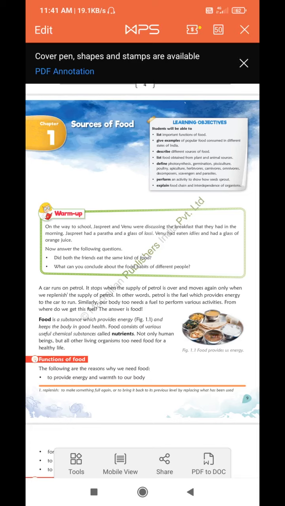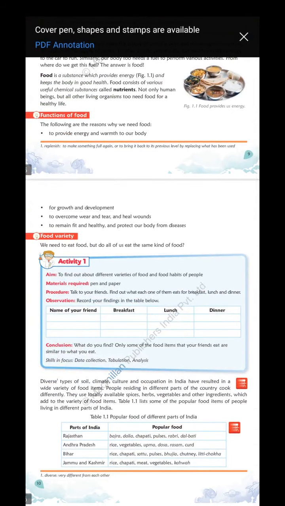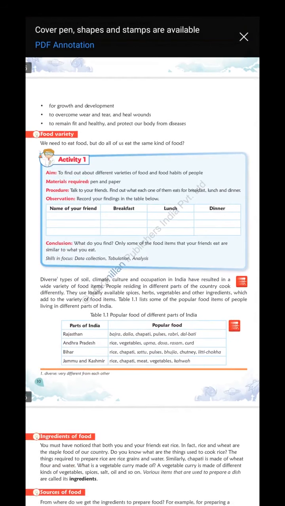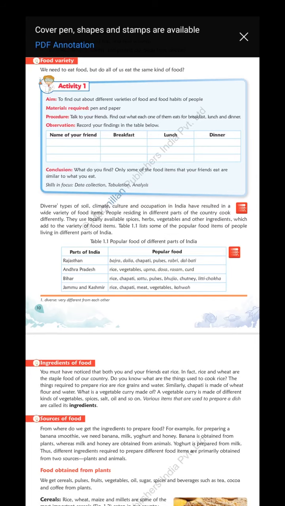Those nutrients, where are we getting them from? In this lesson we are going to see that only. What are the popular foods we eat regularly? In our Andhra Pradesh and Telangana we mostly eat rice, vegetables, upma, dosa, rasam, curd, dal. These we eat in our regular life.